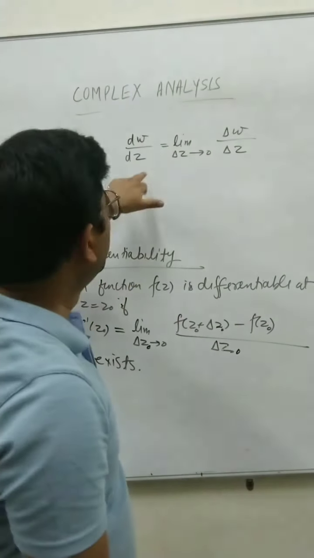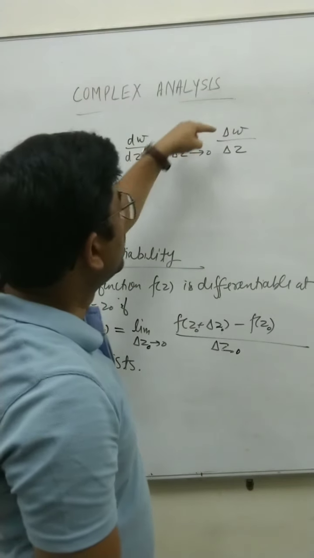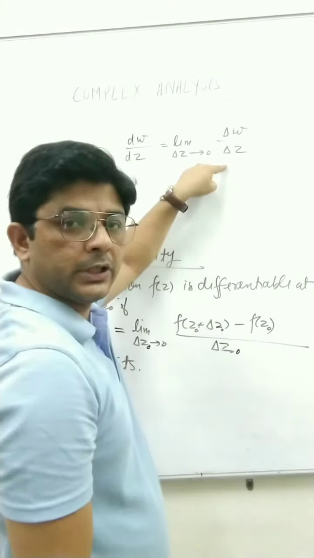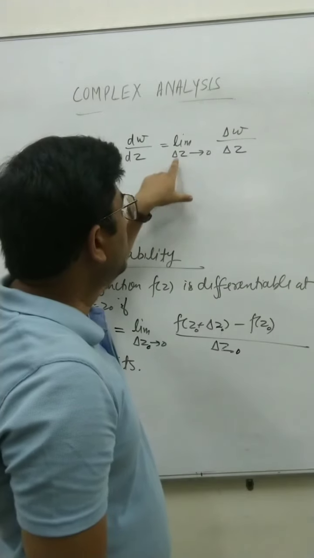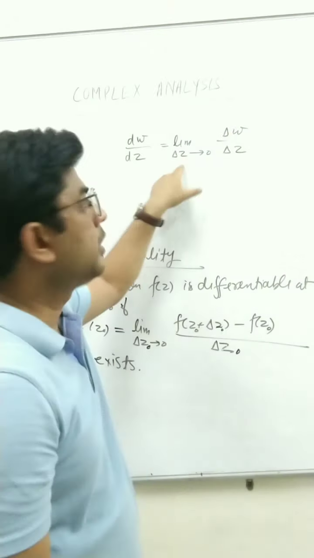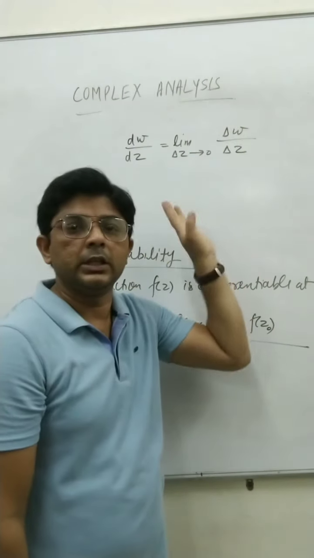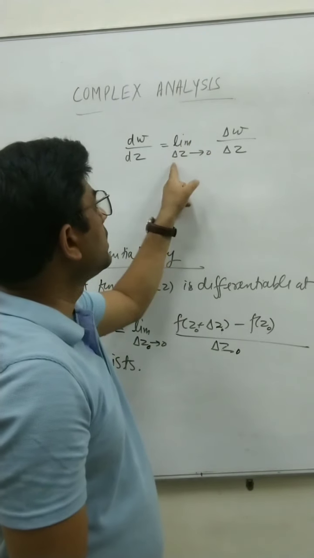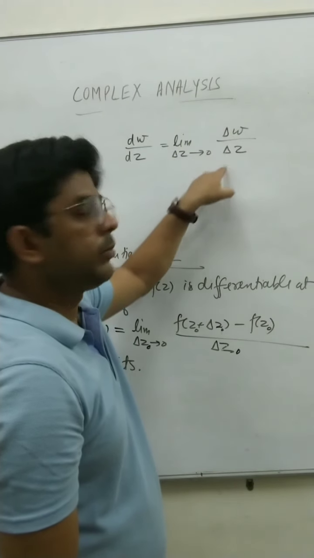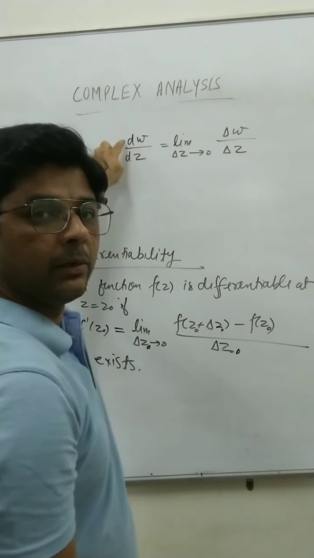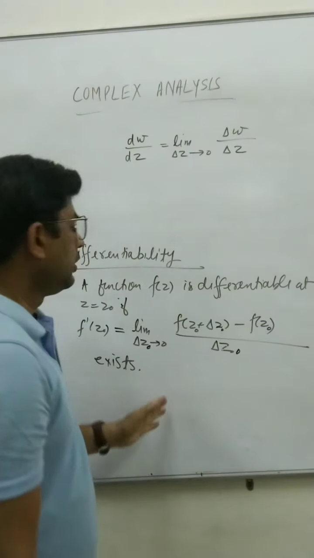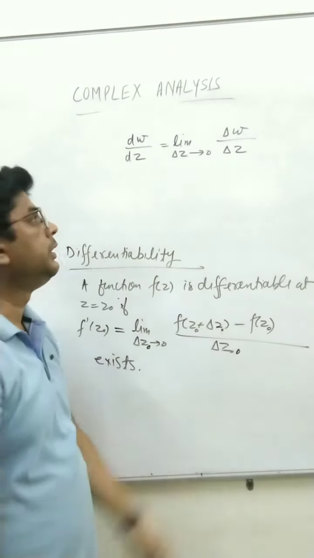I am writing only at a point z. So this is the change in w upon the change in z, the rate of change of w with respect to z, and we are taking the limiting case because this change should be very, very small. We denote this by the derivative dw/dz. So these are the two forms of the definition of the derivative.